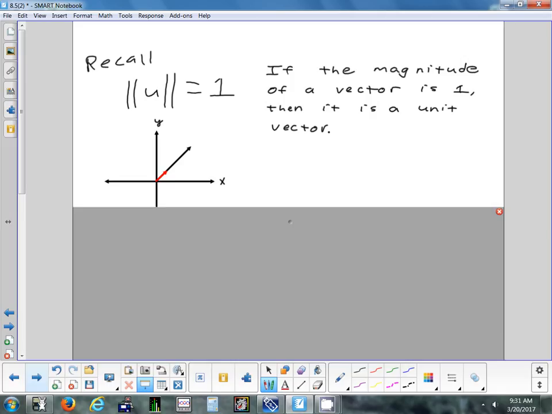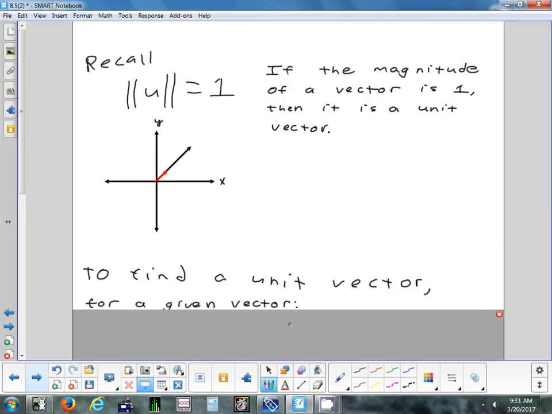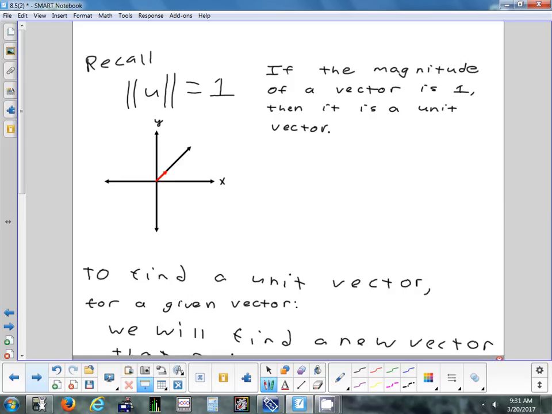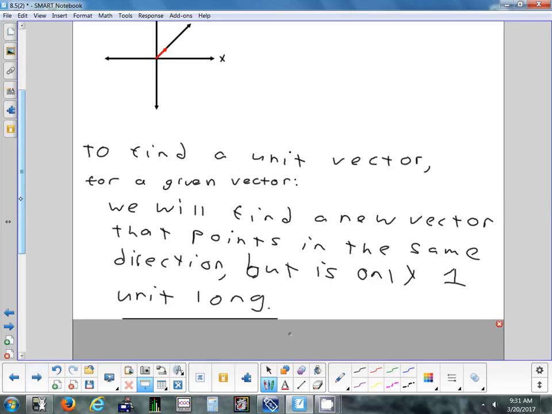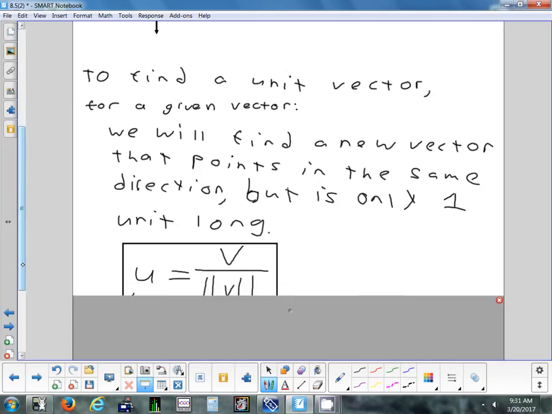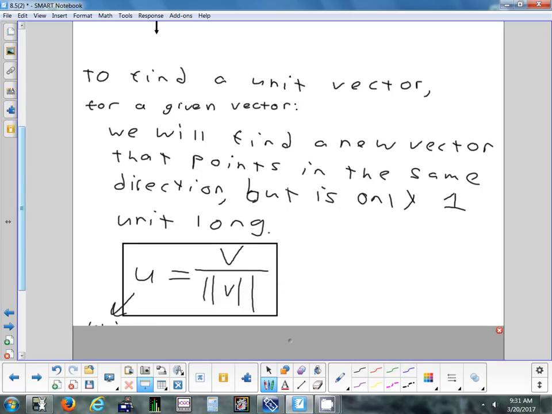What about if you had something 8 units long? 1/8. What about if you had something x units long? 1 over x. So that's the pattern. You basically scale it by 1 over its length. Okay? So to find a unit vector, okay, if you're given a vector, what you have to do is take the vector and scale it by putting its length in the bottom.